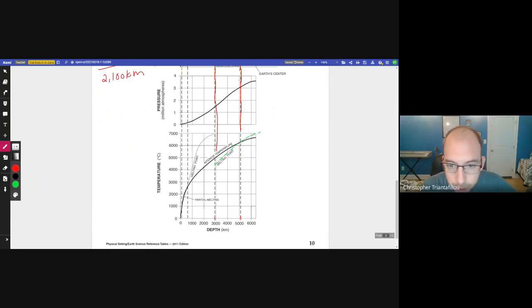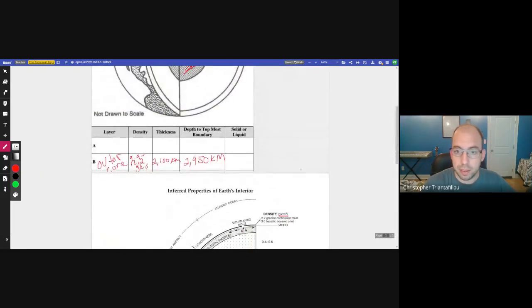So all of this falls above the melting point. So it's a higher temperature than the melting point. So believe it or not, the outer core is actually a liquid. Okay, so that's how you do the table.